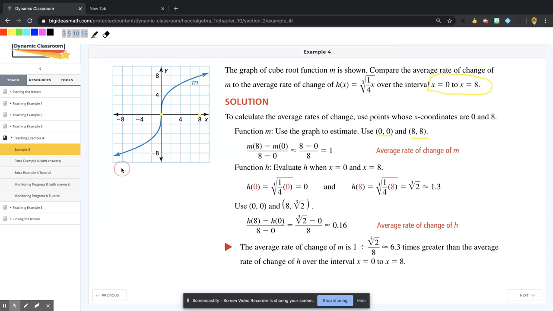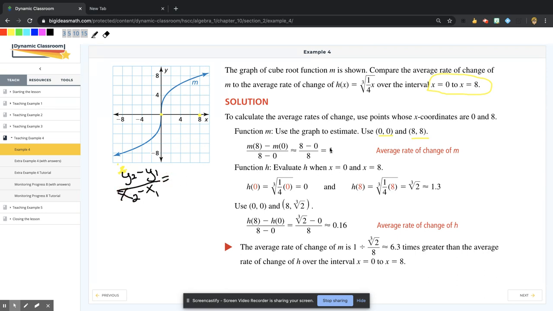So do you remember this? Sorry, let me erase that. You just do this. Let's get another color. y2 minus y1 over x2 minus x1.